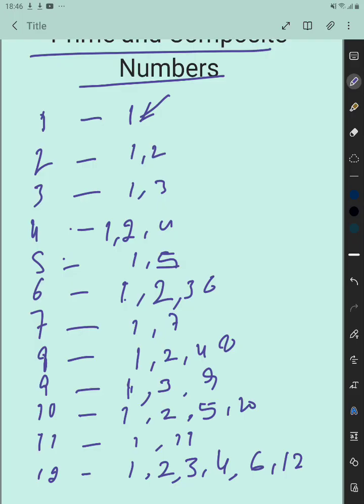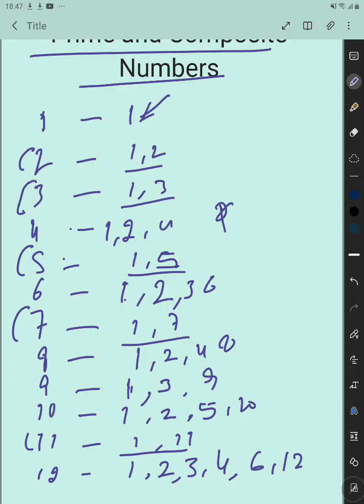In that, we also see that some numbers have only two factors. These are the numbers that can be divided fully by either 1 or the number itself. Those numbers are called prime numbers.